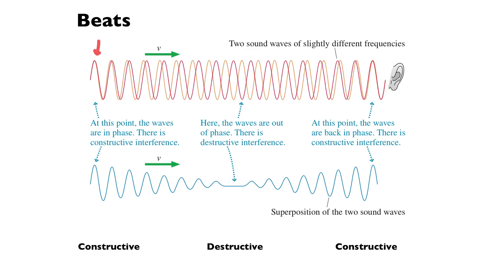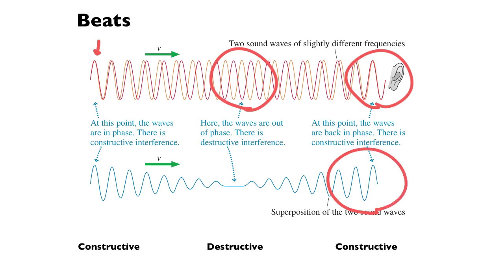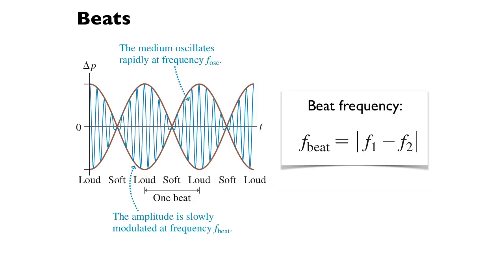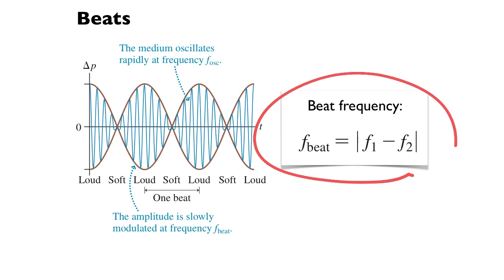But if I move along the wave in the direction of their travel, since their frequencies are slightly different, their wavelengths are slightly different, there'll be a region where they're out of phase. Then there'll be another region where they're back in phase again. As that wave comes towards you, what you'll hear is loud, soft, and then loud. You're going to hear a beat between the two waves. And so you end up with a beat frequency, which is the difference of the two frequencies.